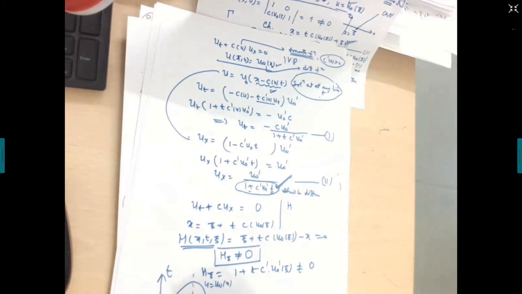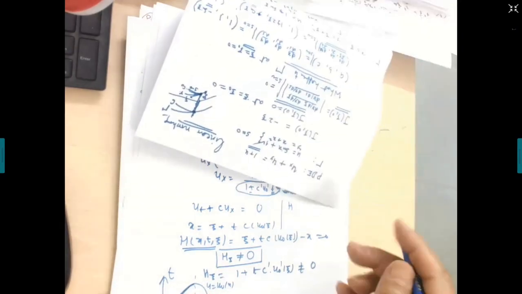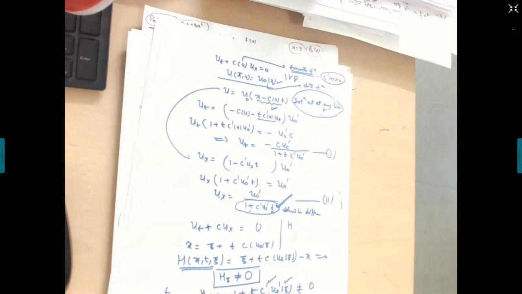On this part of the profile, you draw the tangent, and u naught dash is positive. Here the slope is negative. So where u naught dash is positive, c dash is positive, and t is positive, it is definitely non-vanishing.